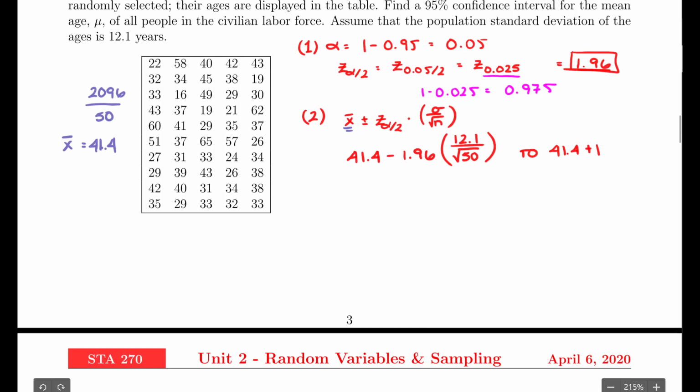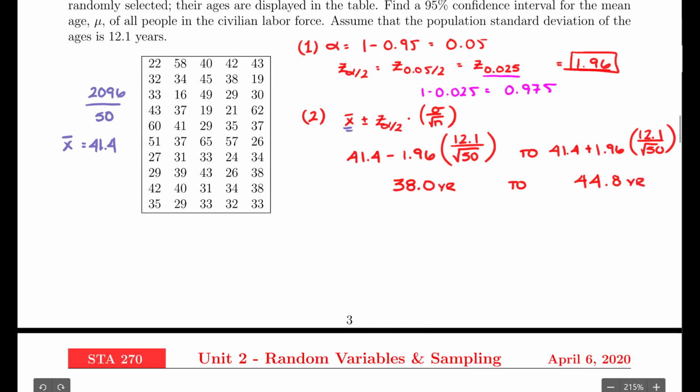All right, and then all we have to do is type these into our calculators and simplify them, and what we end up with is 38.0 to 44.8, and these are in years.